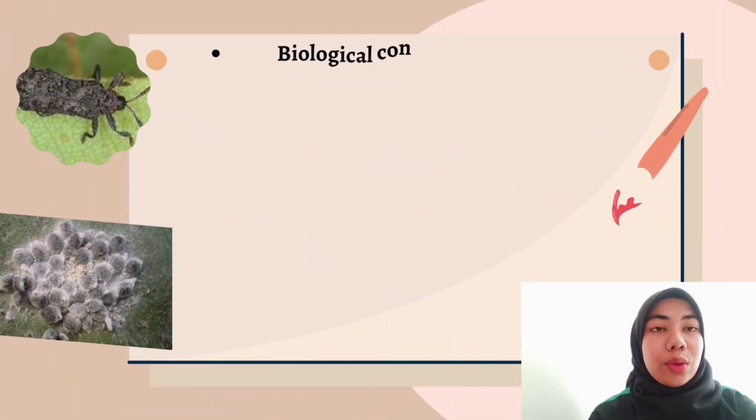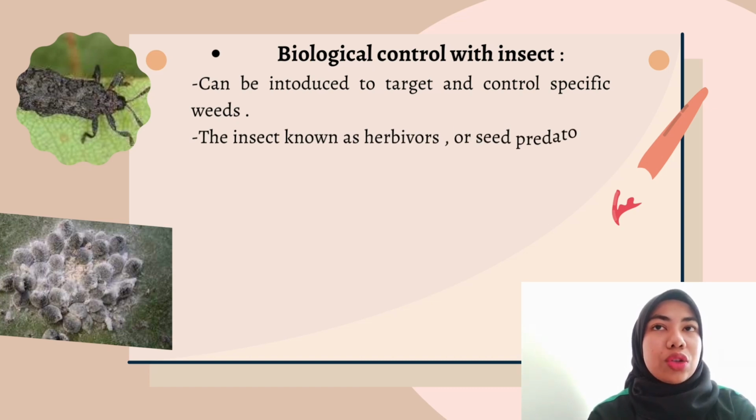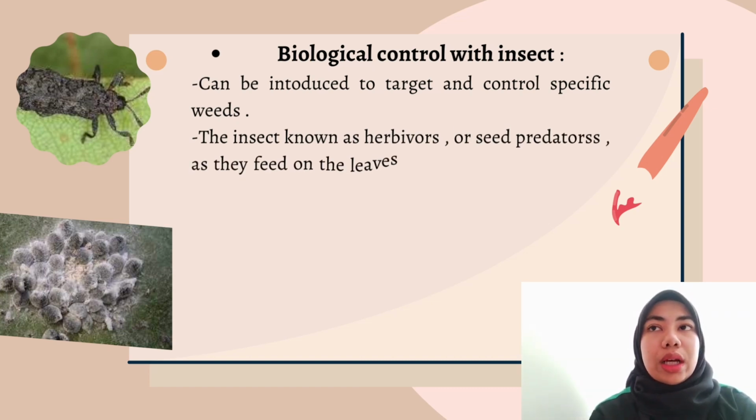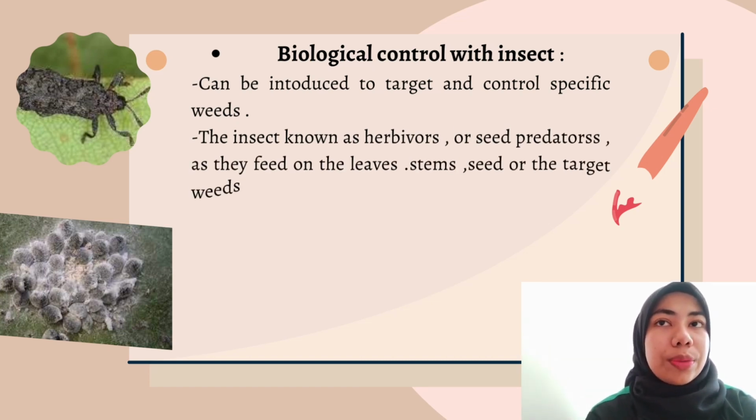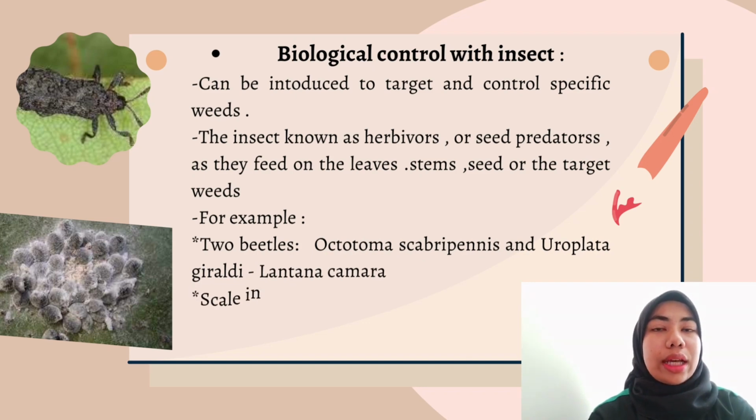For this slide, I will explain about biological control with insects. Insects can be introduced to target and control specific weeds. The insects are known as herbivores or seed predators, as they feed on the leaf, stem, or seed of the target weeds.